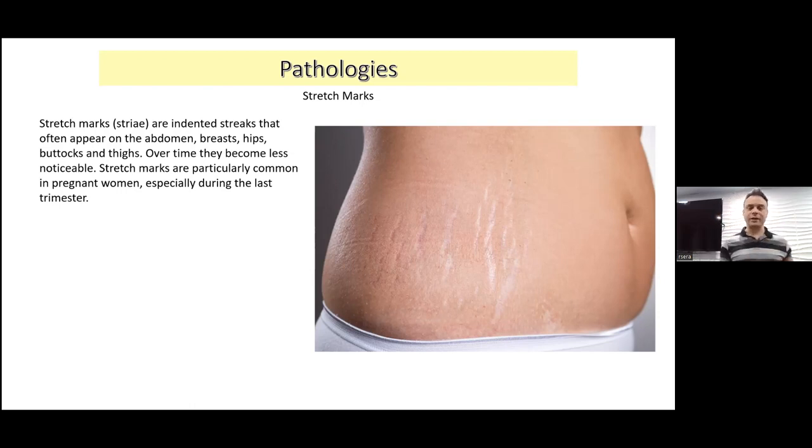Obviously the most common cases of stretch marks are pregnant women. Other instances are people who gain a lot of weight really fast, especially certain skin types that don't replenish their skin cells as quickly as others.